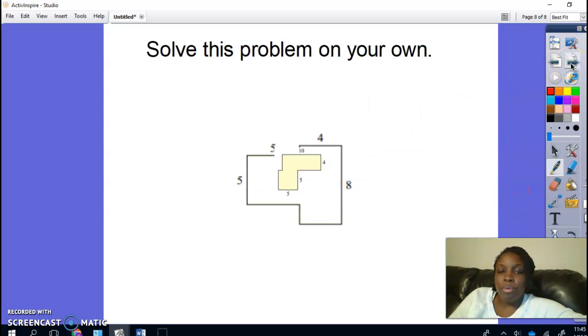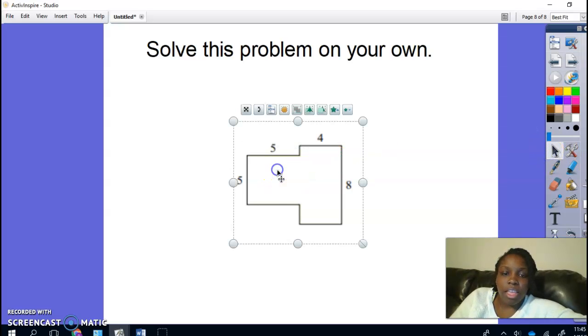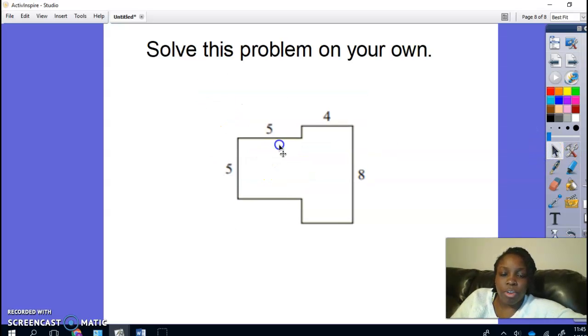All right, so what I want you to do is solve this problem on your own. I want you to find the full area for this problem. And make sure you decompose it, so you're breaking it apart.